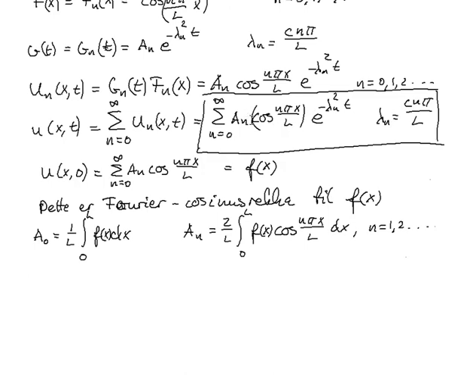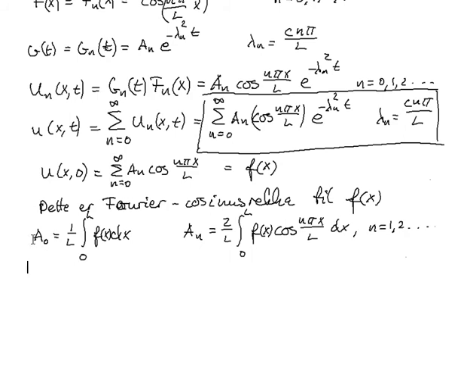The only difference is that now we are changing the sine with cosine, and a_n turns out to be the Fourier cosine coefficients of the function f of x, which is the initial temperature. And these coefficients are given as follows.